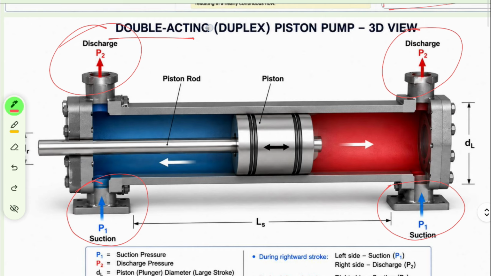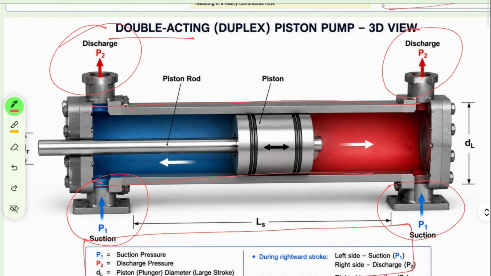When they say duplex, that means there is one piston. Earlier, in one piston there was one suction, one discharge, but in this case in one piston cylinder device there are two suction, two discharge. So don't confuse. If I am talking about the duplex, then we are going to add another cylinder.